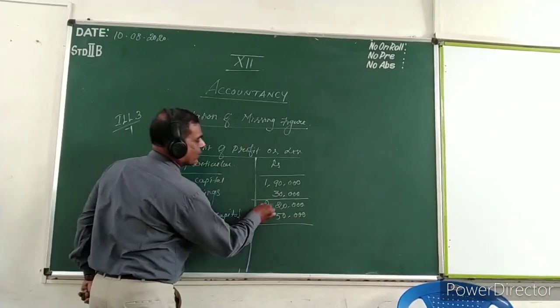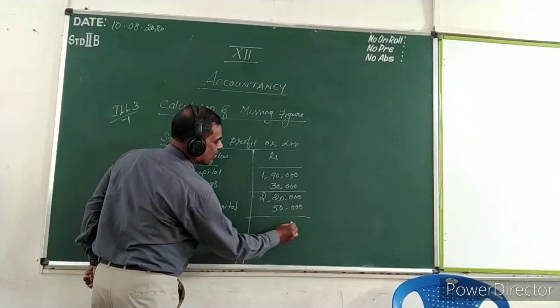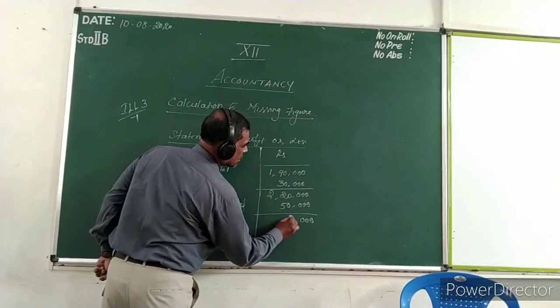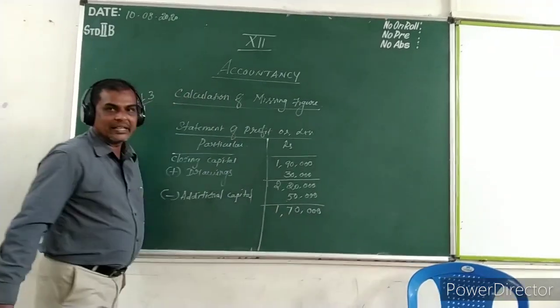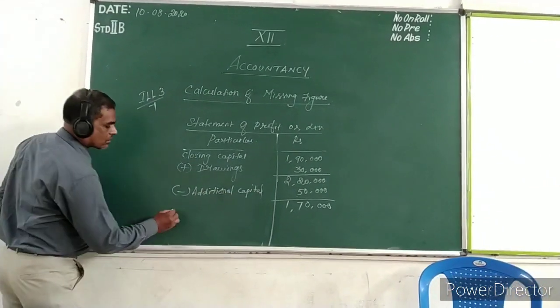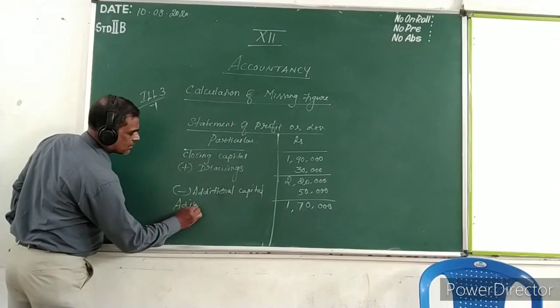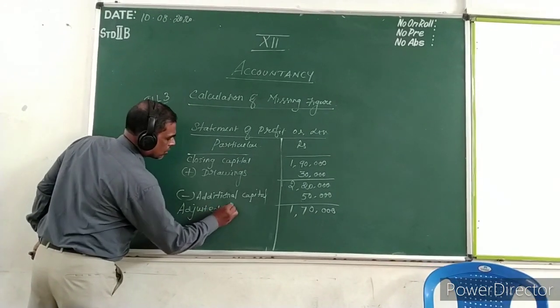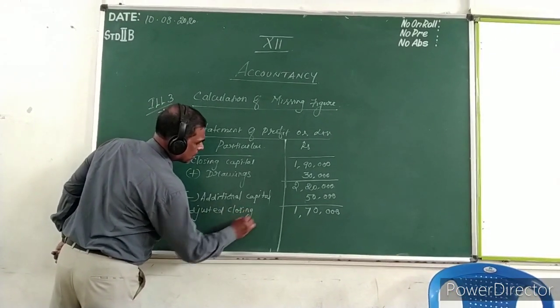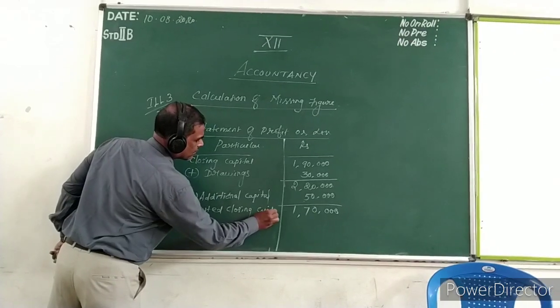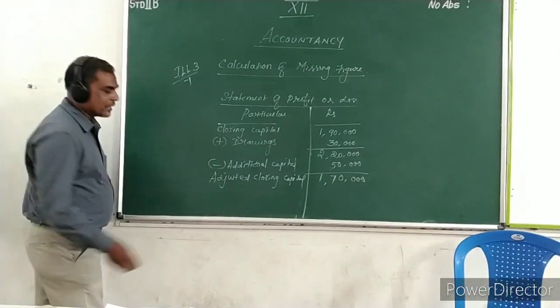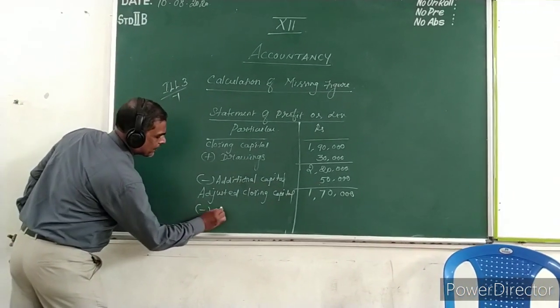So from 2,20,000 we have to deduct 50,000, we will get 1,70,000. This 1,70,000 is called what? Adjusted closing capital. From this we have to deduct the opening capital.